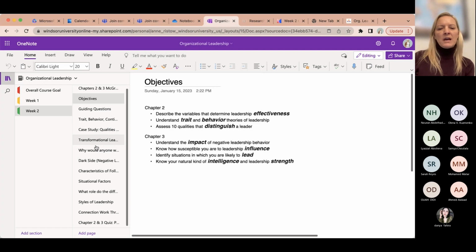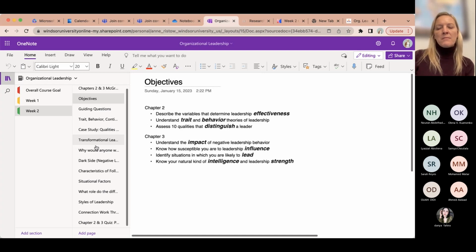We're also looking at really knowing the impact that negative leadership has on behavior and being sure that we realize when we're susceptible to leadership influence.